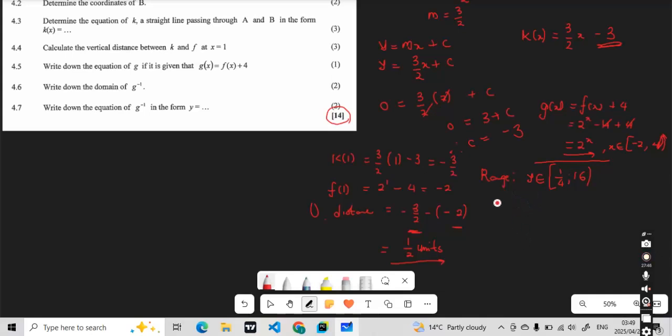So you remember for an inverse, wherever you see y you put x, wherever you see x you put y. So for the domain, x is an element of 1/4 to 16.